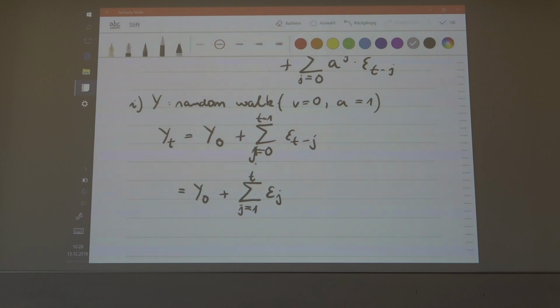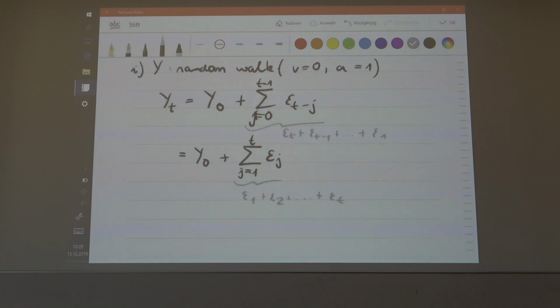You see this, guys? The first one is epsilon_t, then plus epsilon_{t-1} and so forth, and then epsilon_1. And here you start with epsilon_1, epsilon_2, and so on, and then you have epsilon_t. So that's going to be equal. This is just another rearrangement.